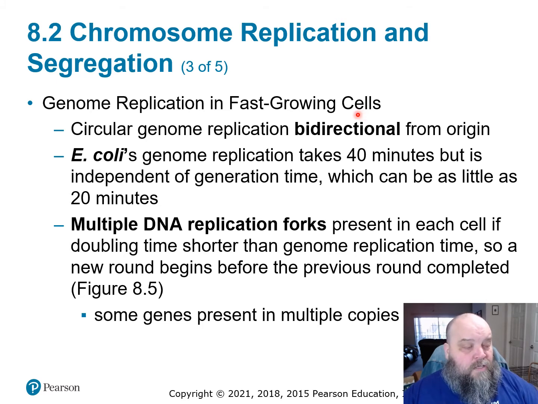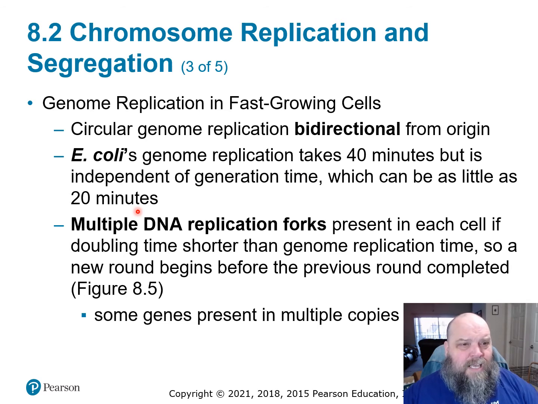Because of this, the replication can take about 40 minutes, start to finish. It's not too bad, but it's kind of weird seeing as it's a 20-minute generation time. Replication takes twice as long as the generation time.